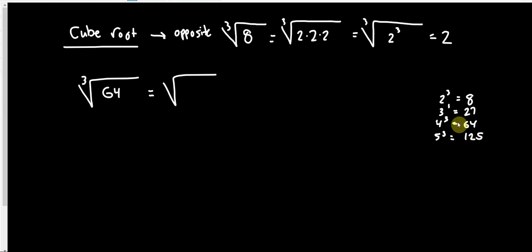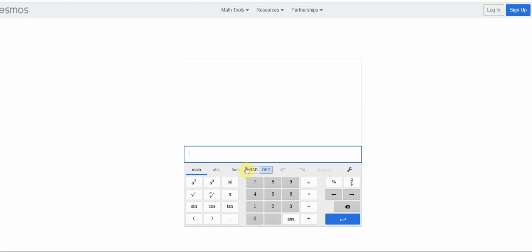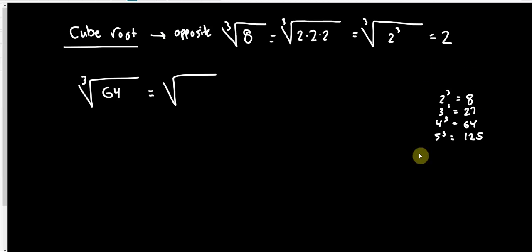You could easily do this by just taking a calculator and trying it. I did 5 to the third. How about 6 to the third? Where's my exponent button? I think that's my exponent. 6 to the third is 216. So we can add another one.